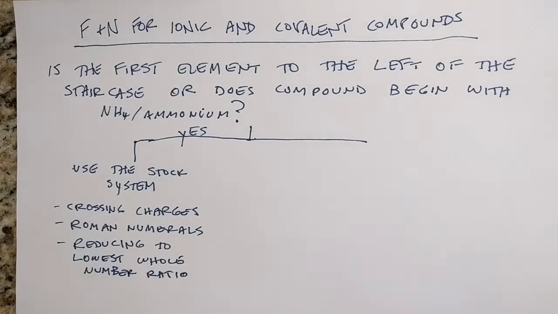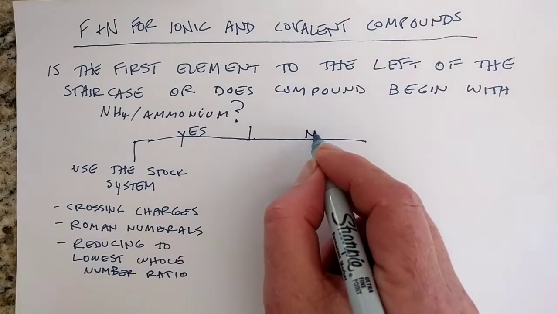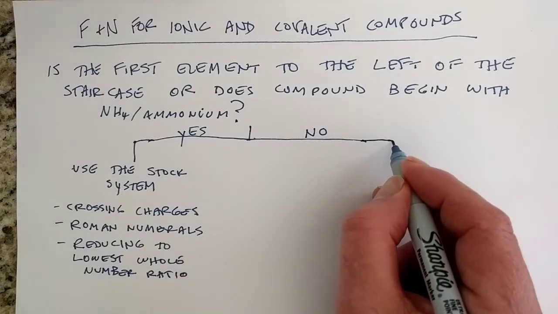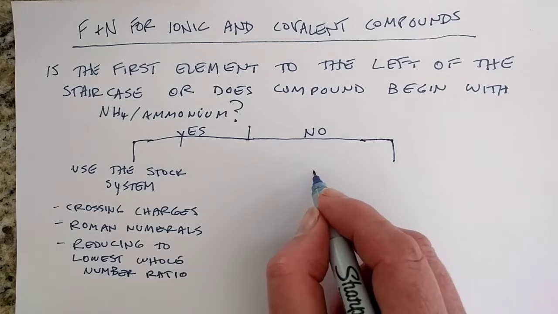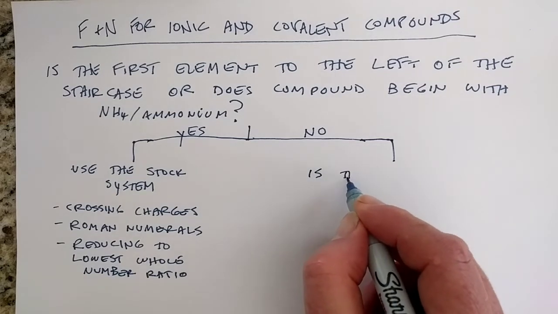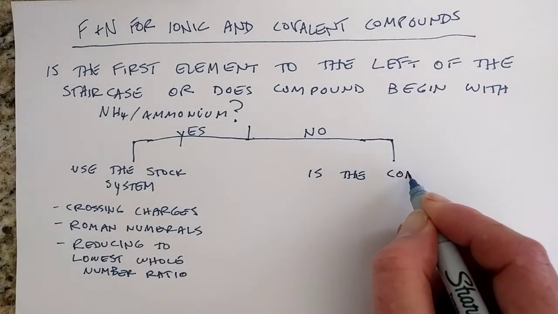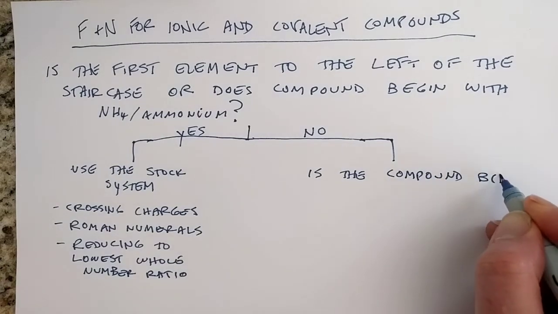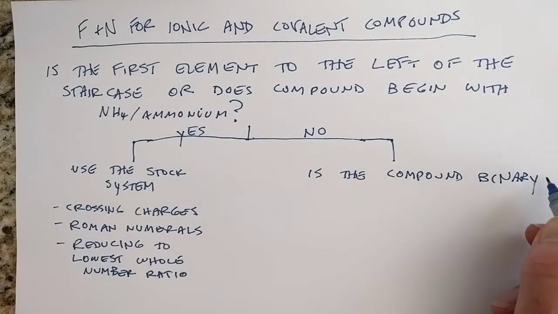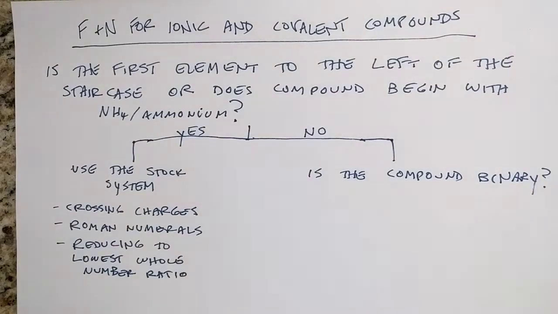All right, now what about if our answer is no? Now we have another question to ask ourselves: is the compound binary? And remember, binary just means there are two elements, any number of atoms, but only two elements.